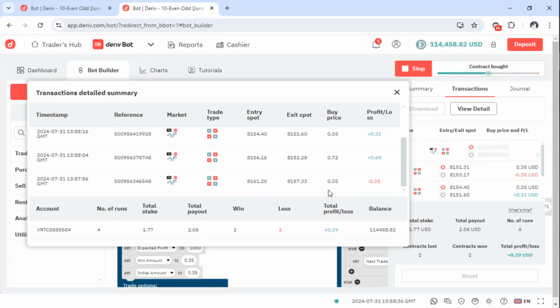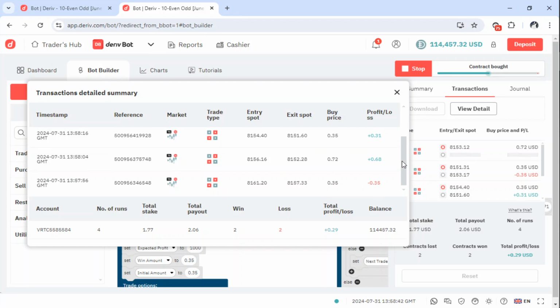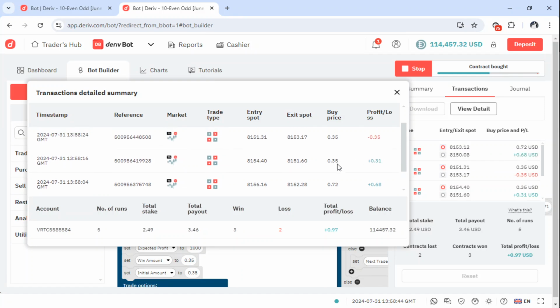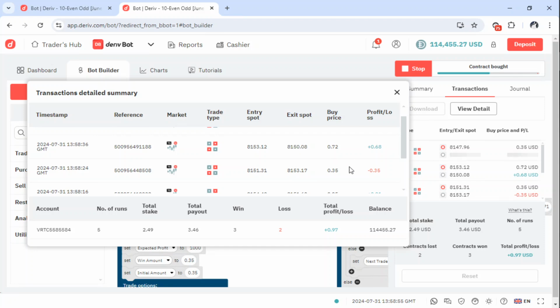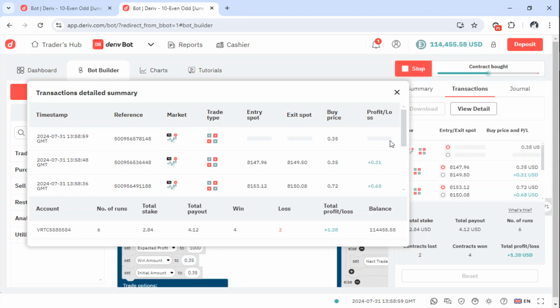It means you are multiplying by some 1 point something value of the martingale, and then the loss is recovered, which is nice. Now if it wins, then our initial stake amount goes back to where it was. Then when it loses, it goes back to martingale, so that we can recover the loss, which is nice.